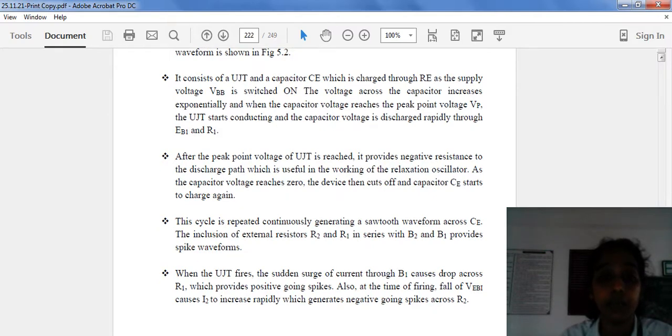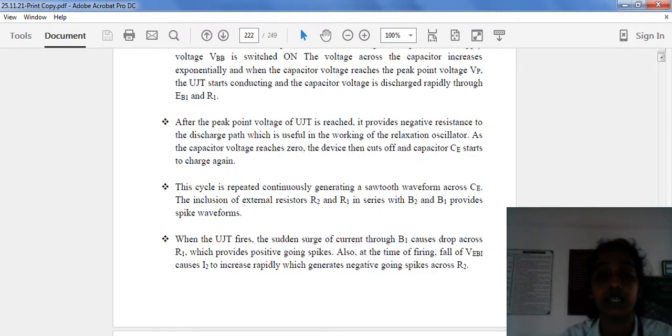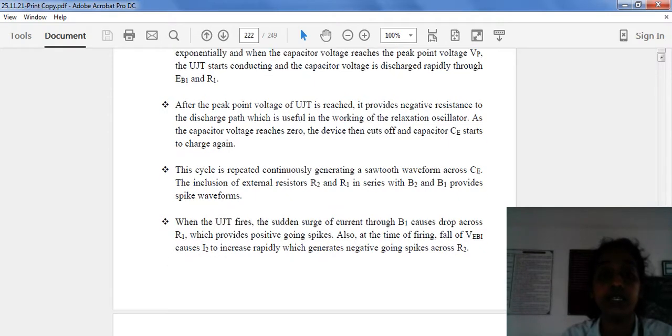As the capacitor voltage reaches 0, the device is cut off, and the capacitor C charges again. This charge and discharge cycle repeats continuously, generating a sawtooth waveform across the capacitor.